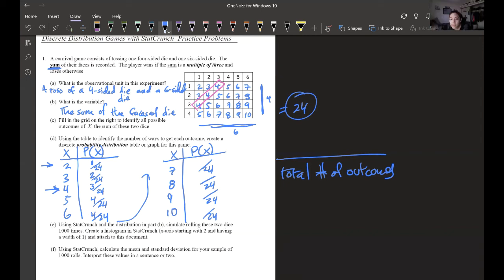Let's say 7. Atir, how do you pronounce your name? Atir, what did you get for the probability of getting a 7? 4 out of 24, perfect. What about 8? Danielle?